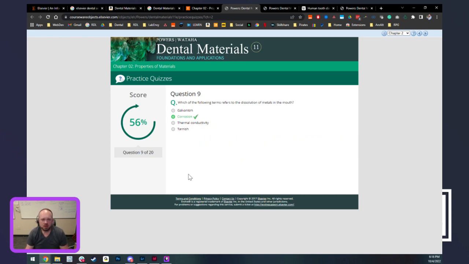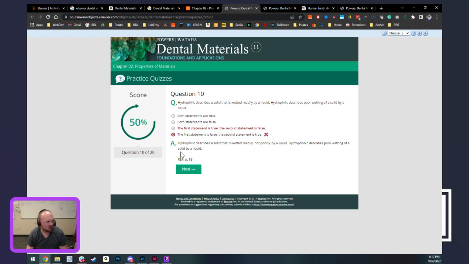Hydrophilic means no water. Describes a solid that is wetted readily by a liquid. False. Hydrophilic describes poor wetting of a solid by a liquid. True. The first statement is false. The second statement is true. Are you kidding me? Hydrophilic describes a solid that is wetted readily.